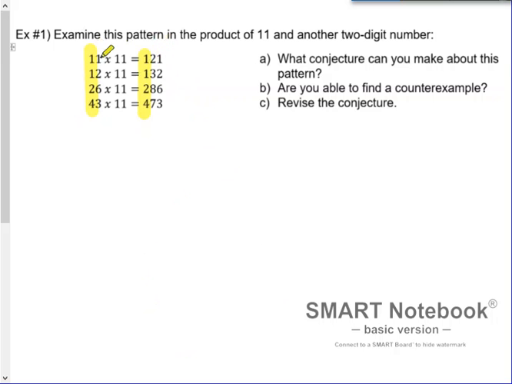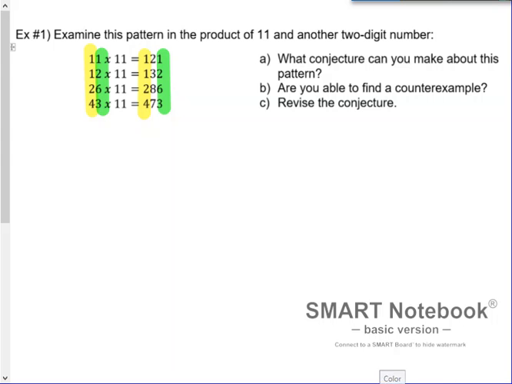The next thing I notice is the second digit. So 1, 2, 6, and 3. I also end in a 1, 2, 6, and 3. Then the very last thing is how do I get this 2, 3, 8, and 7 based on these two digits?